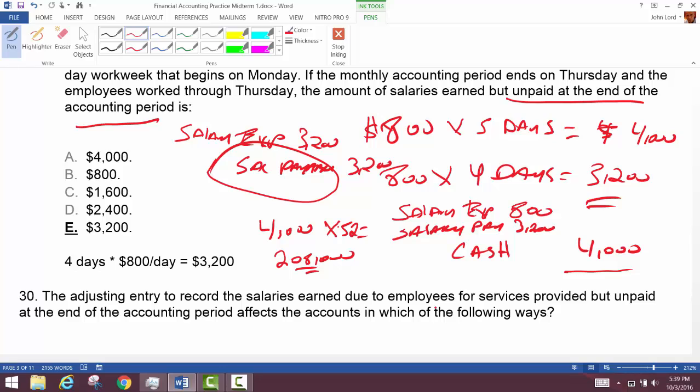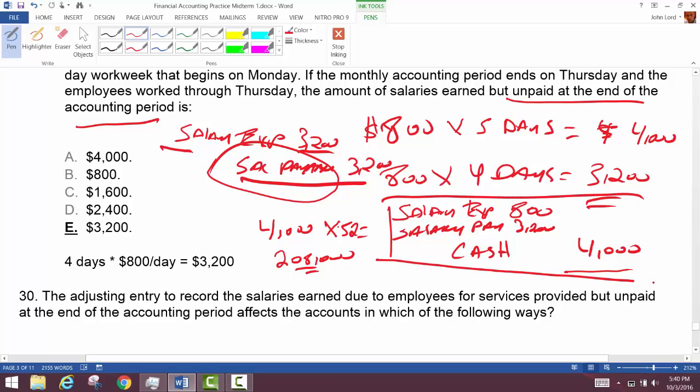Oh, when you put it under salaries expense or salaries payable. This part is salaries expense. This part is salaries payable for 3,200. And then when we come over here and we get into the new month, because we want to keep track of this by month or by year or whatever, only 800 was an expense in the new month, right? Oh, I get it. Sorry. Yeah.